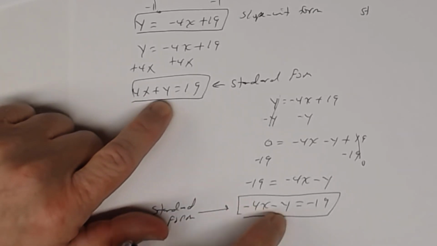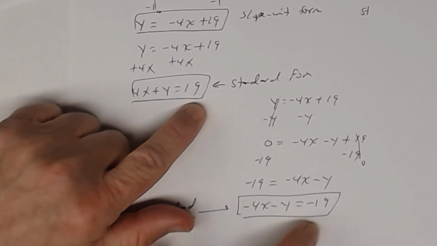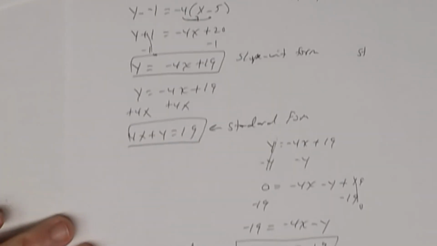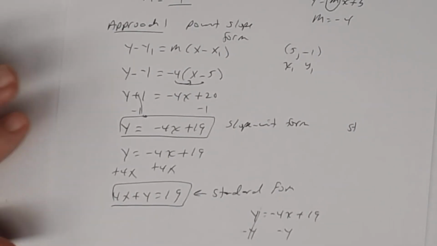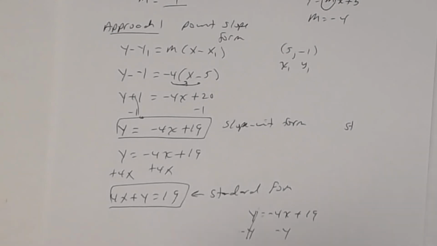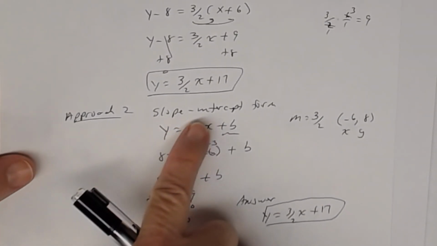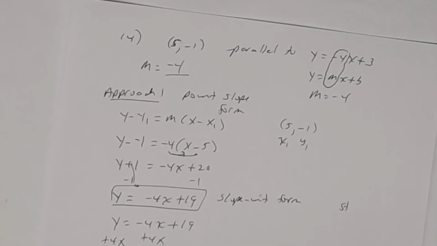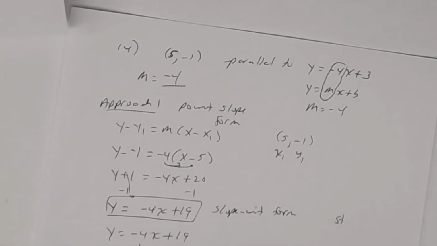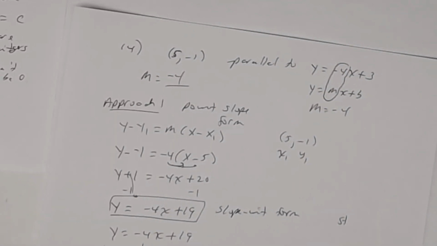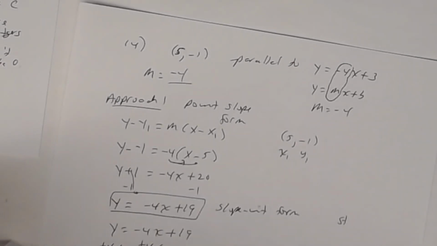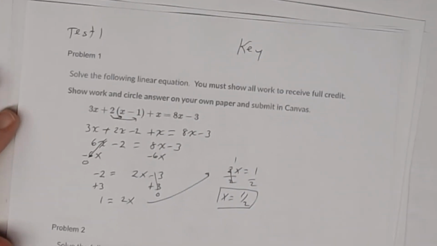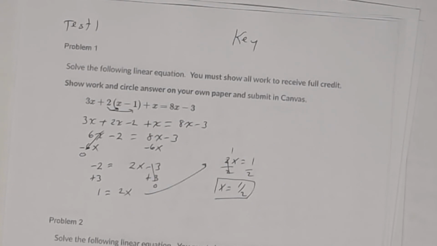Y times -1 is -y. 19 times -1 is -19. All right? And so if you did this problem using approach number 2, you would get the same answer. Okay? All right, so that is going to be the key to this test. So that's the key to test number 1.